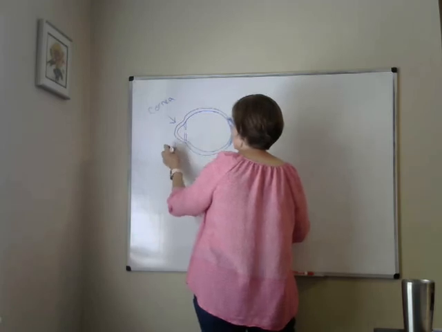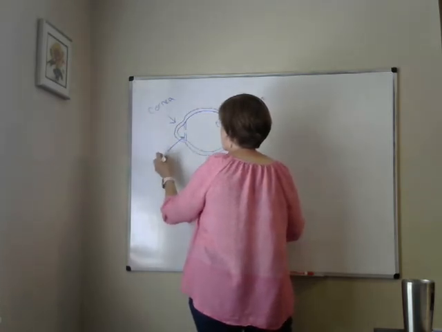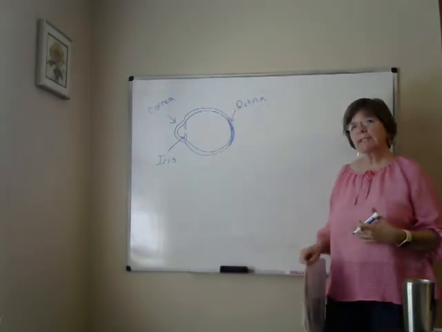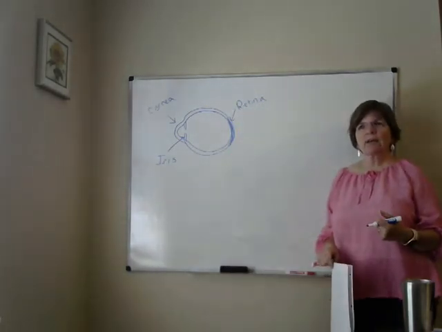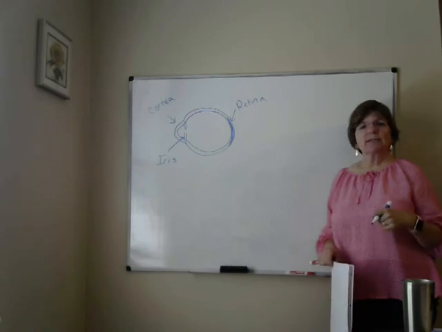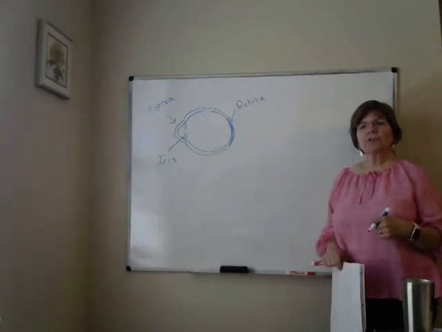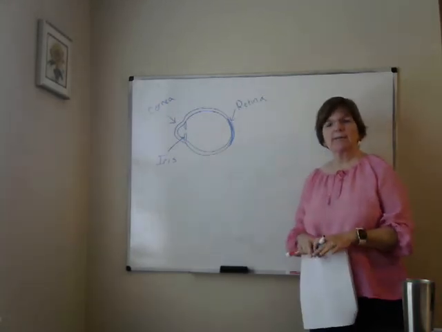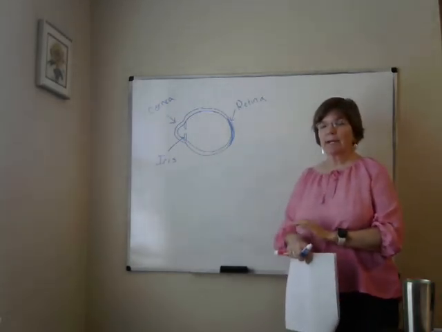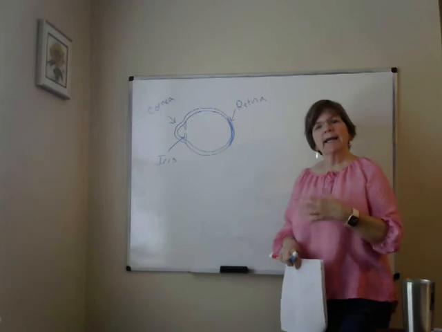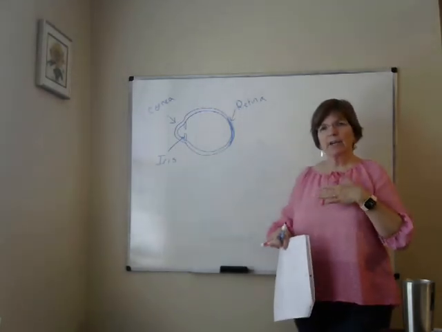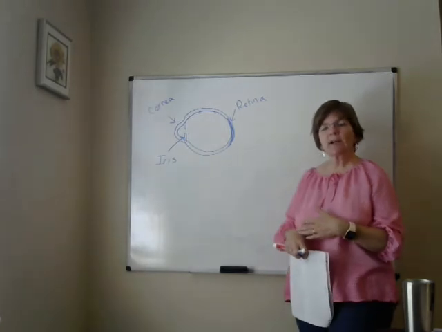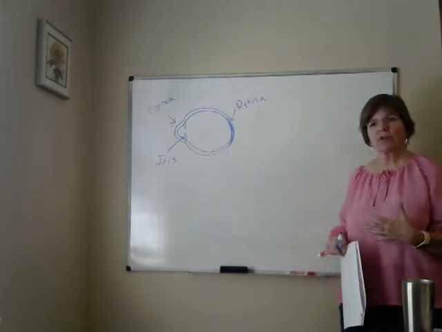Now, the colored part of your eye is the iris. And it's interesting to me because I didn't learn this till a few years ago. Blue eyes and brown eyes, green eyes, gray eyes, you don't have pigment in your iris. The only kind of pigment humans have is melanin, if I say that right, and it makes your skin varying shades of brown, from the very palest color of beige to very, very dark.